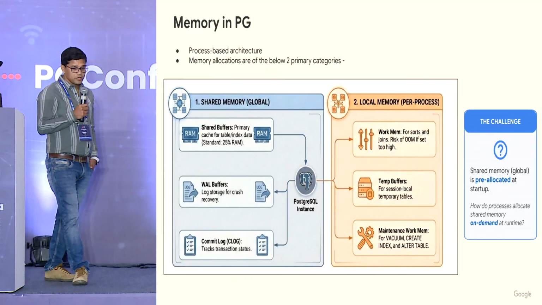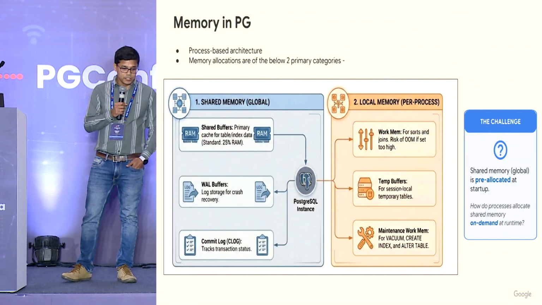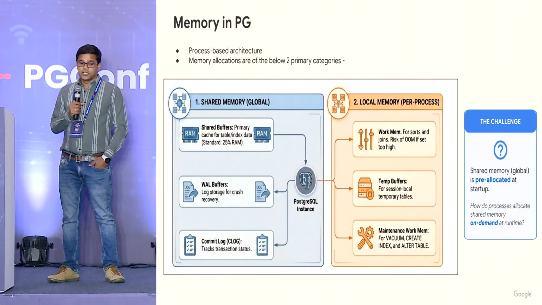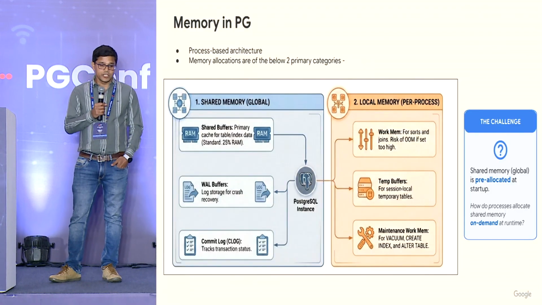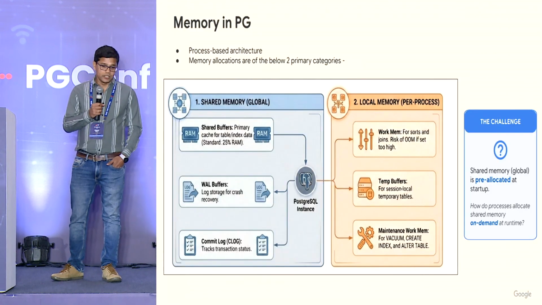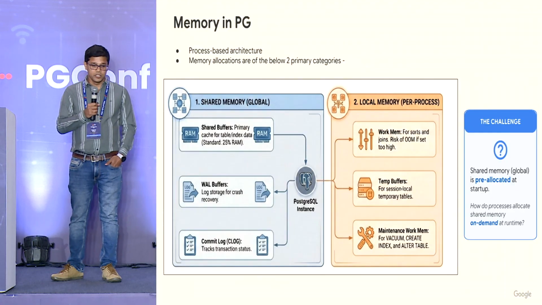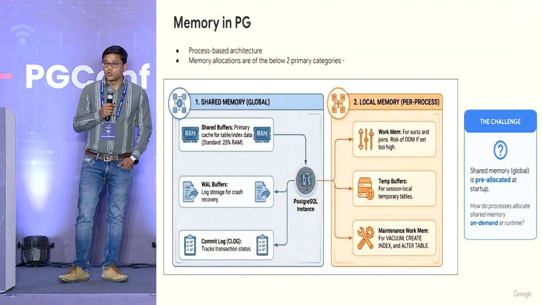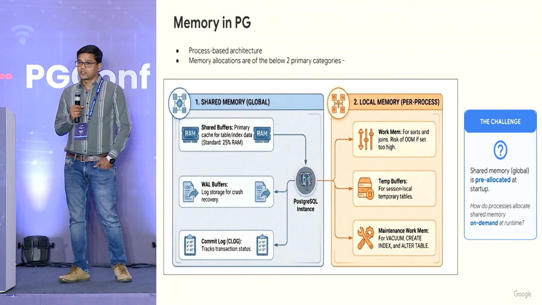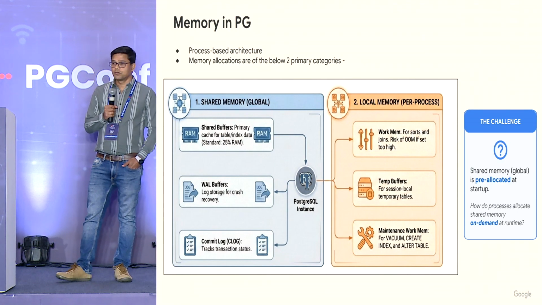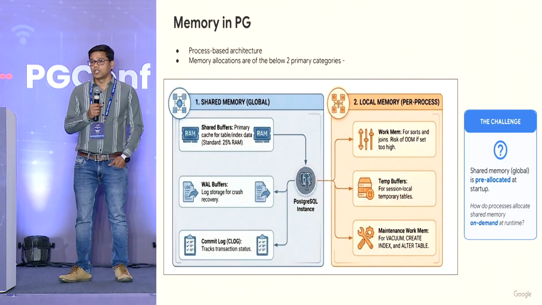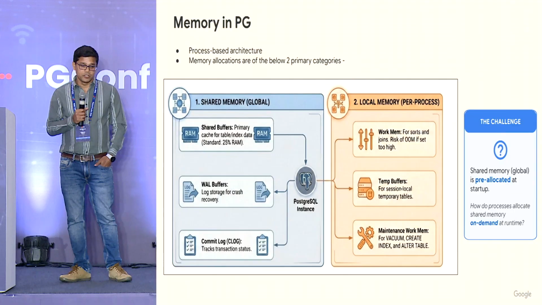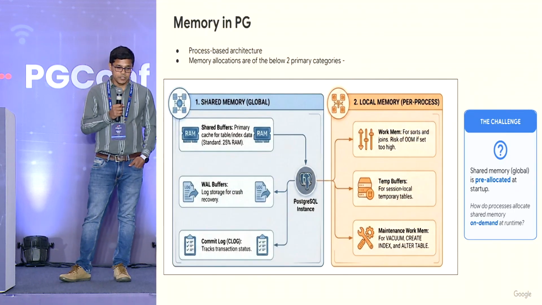If you see, there are primarily, I mean there are other kinds of memory, but we have highlighted two primary memory types here. The left-hand side is shared memory, and the right-hand side is local memory. Shared memory, I'm sure most of you might know. The most prominent shared memory, which gets used for the purpose of caching, which we also call a buffer cache, is the first level of caching for any of the operations which we do in the database.